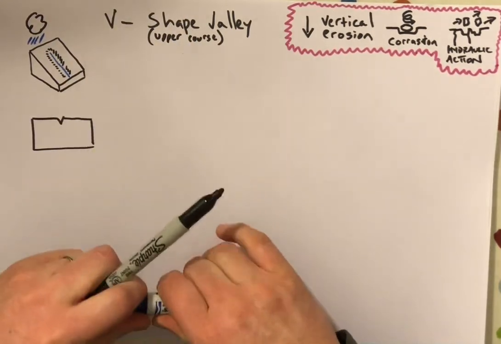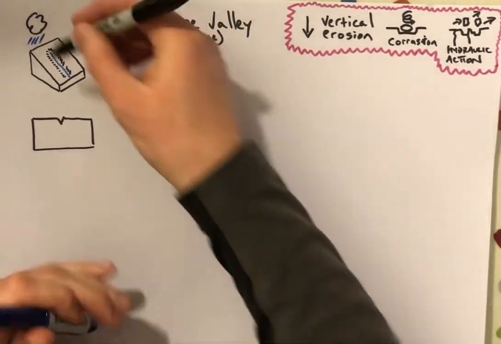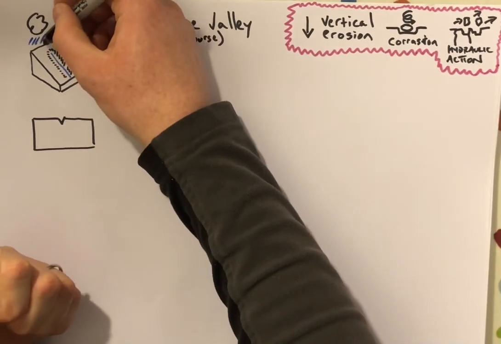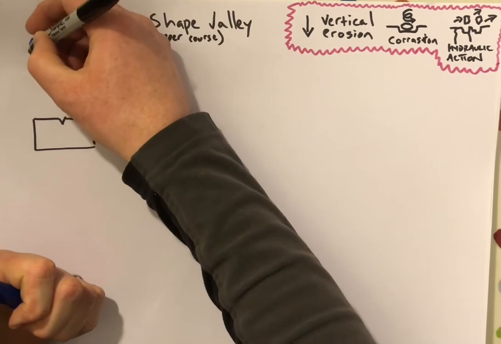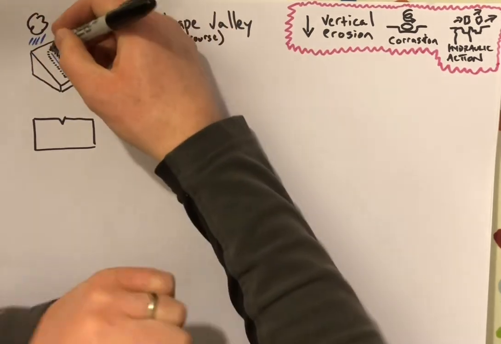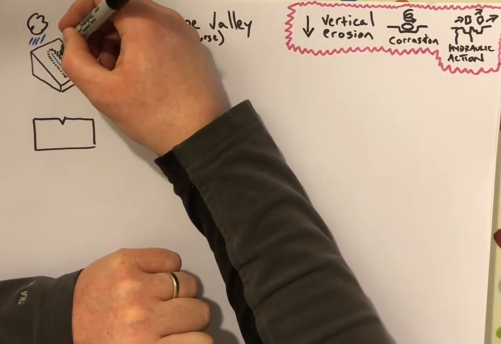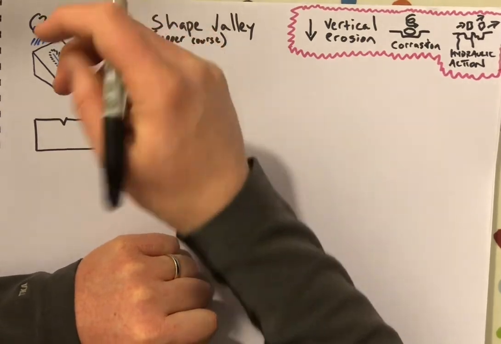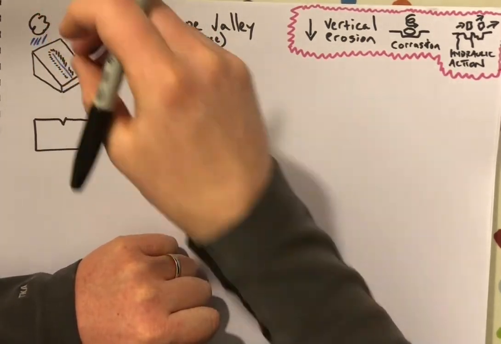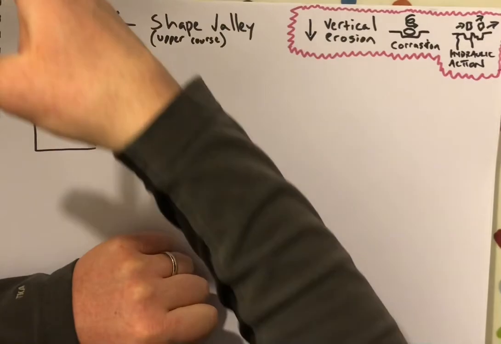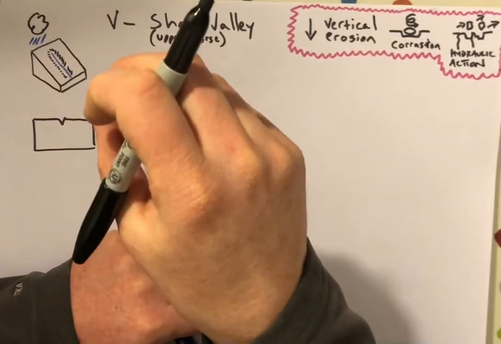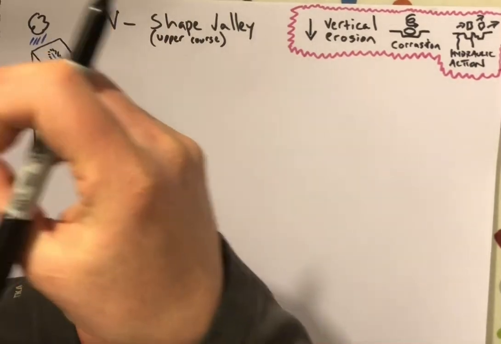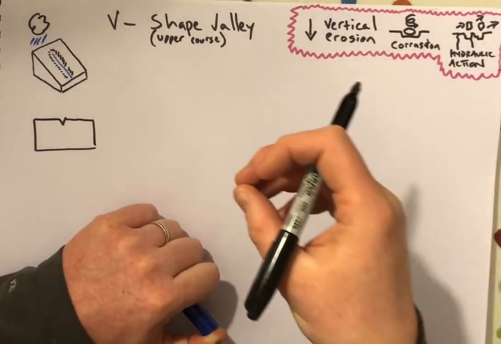We know that the rain will either flow over the surface, as surface runoff, into the channel, or some of it will infiltrate in, flow through, and get into the channel, but we're concentrating on the water that's on the surface. It will form tiny little channels called rills. As the water runs through the surface, it'll just wash particles of soil away, and it'll form this tiny, thin rill, this little groove in the hillside.